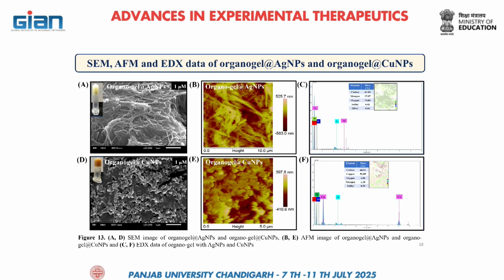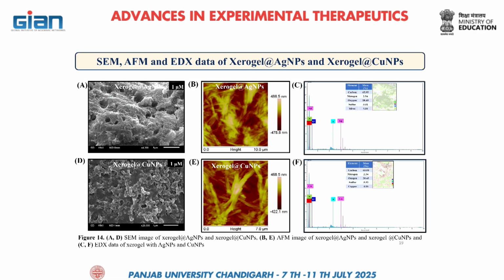And after that, if I interact with silver or copper, then the shape of those organogels is altered, and it changes from a bundle shape to either a cluster type or a fiber type. So those types of shapes have changed.